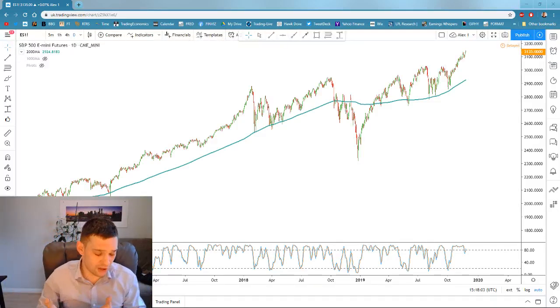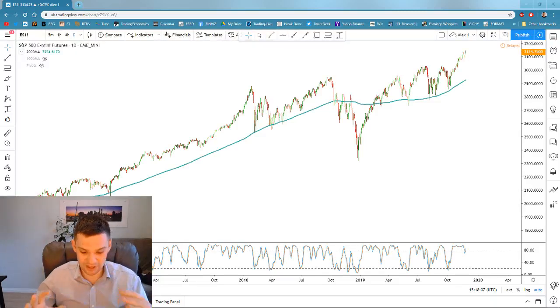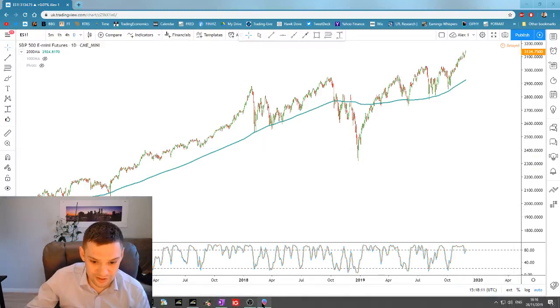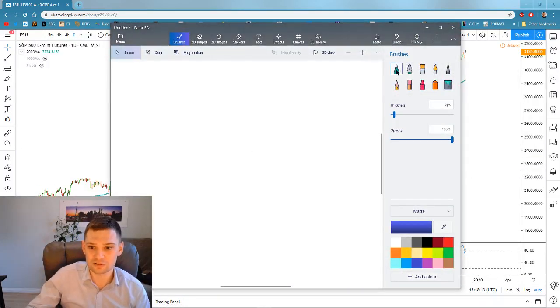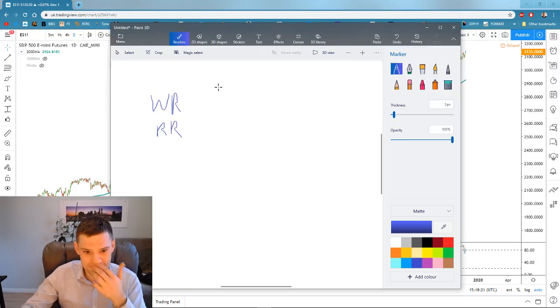Now, I know we all know the building block of an edge is an equation, right? There's maths behind an edge. So I've got this tool here. You've got your win rate and you've got your risk to reward. This basic maths is the foundation of every single edge there is.